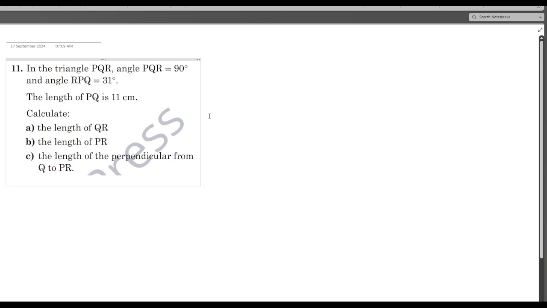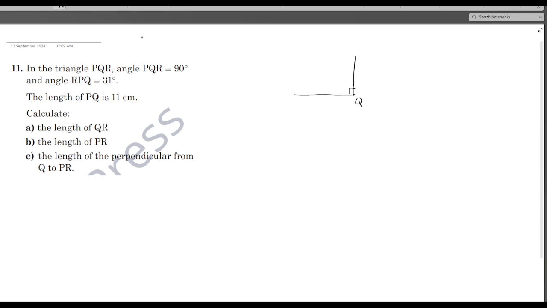Now the 11th question. In the triangle PQR, angle PQR is 90 degrees and angle RPQ is 31 degrees. So I will draw a right angle triangle where angle Q is 90 and angle P is 31.